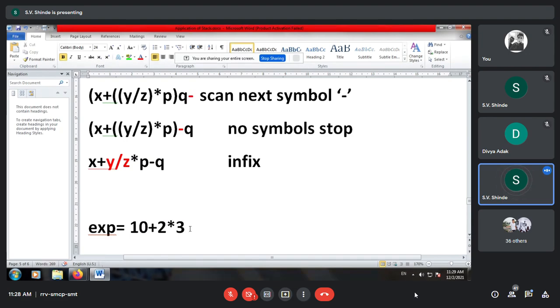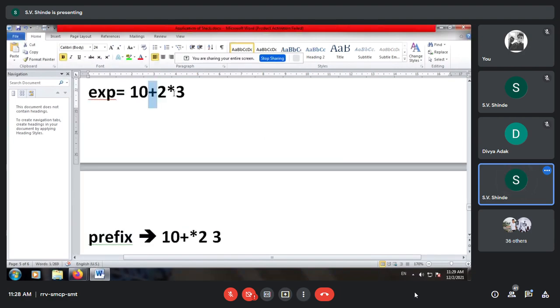This expression is in the form of infix. We have to convert it into prefix first. So how will we convert it? We have the plus sign and the multiplication sign. The first is the high priority one, that is multiplication. So we have converted 2 multiplied by 3 into prefix notation as multiply 2 3.